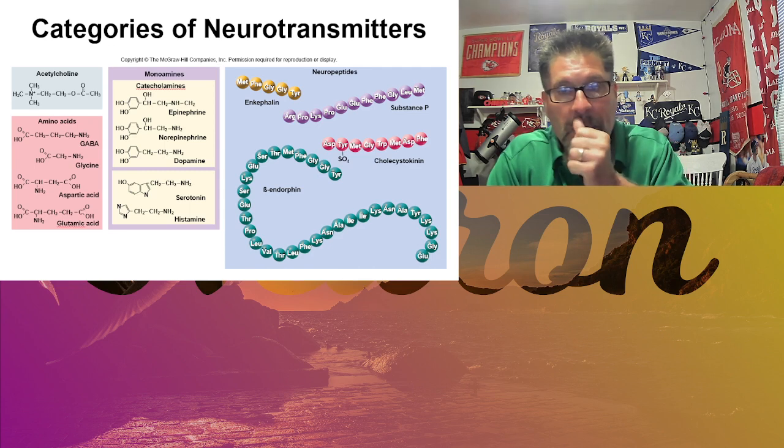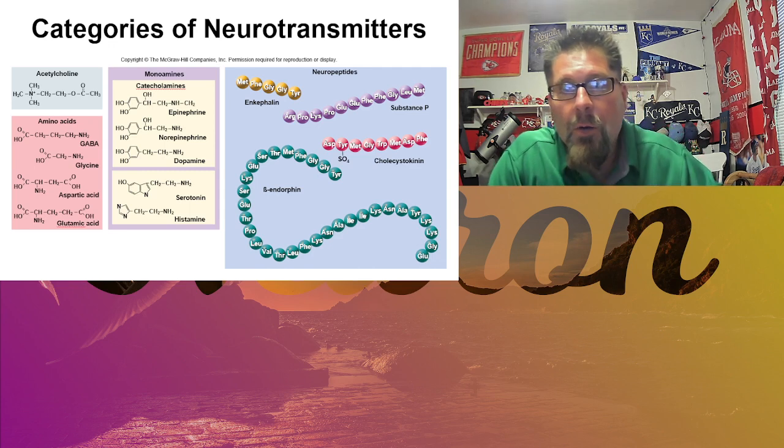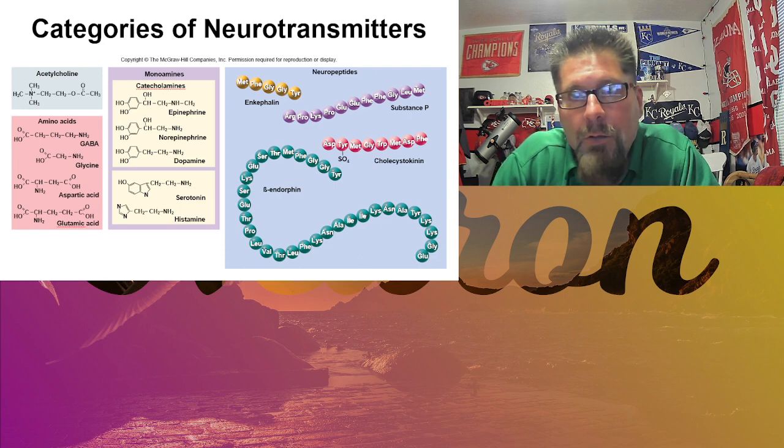You can see that histamine, serotonin, dopamine, norepinephrine, they all have that NH2 at the very end where that COOH was. But in epinephrine, it's broken up a little bit. You can see at the end is a CH2, and the N is one set over.